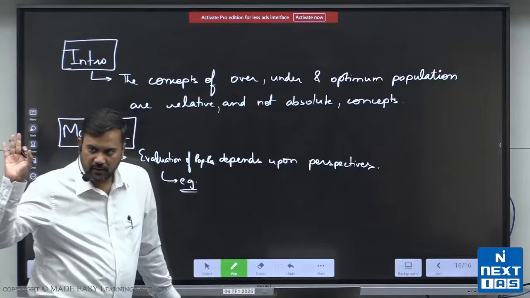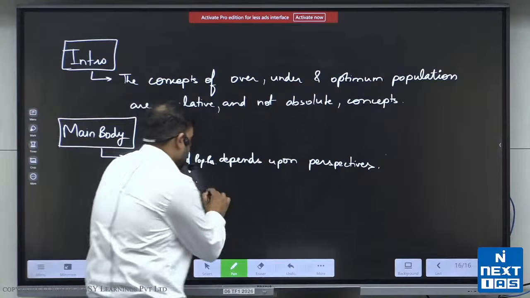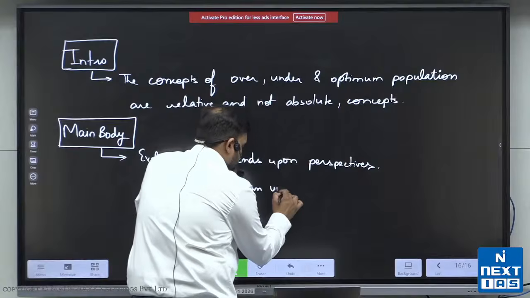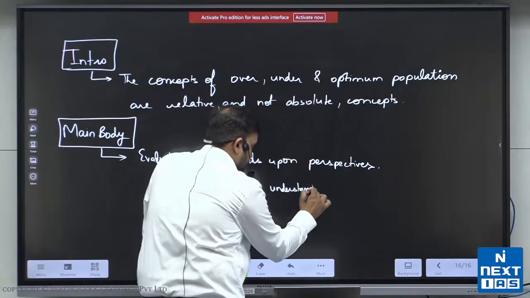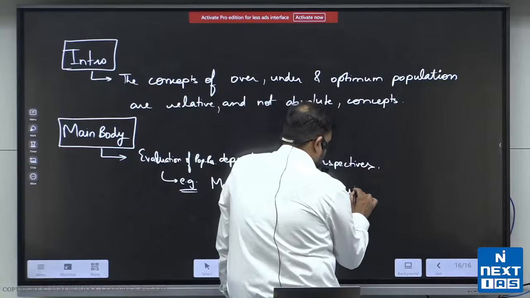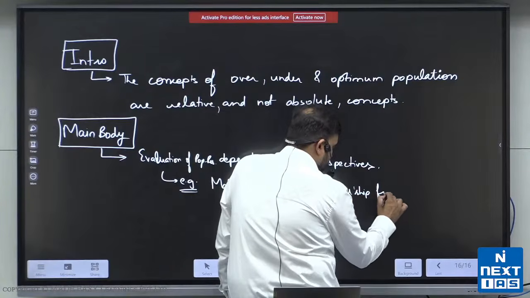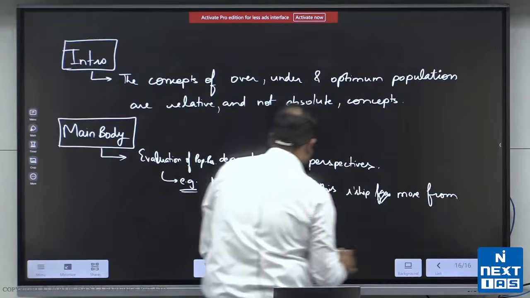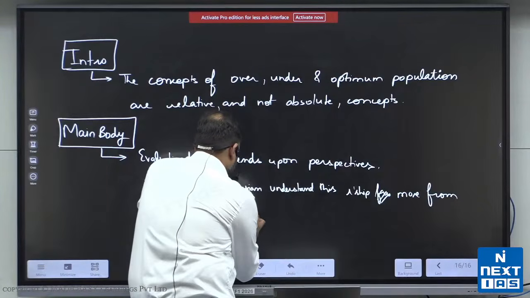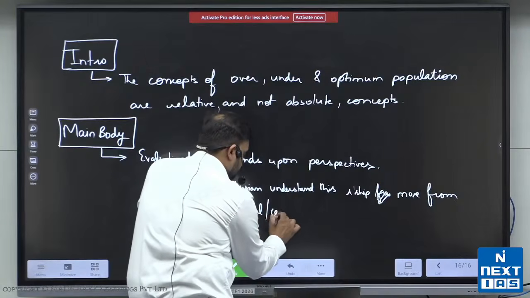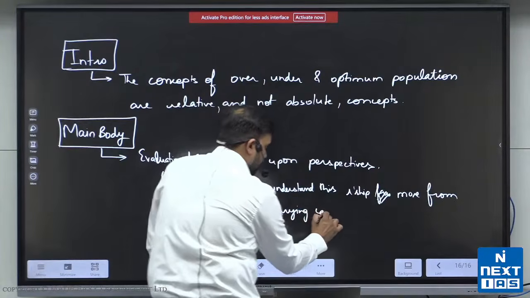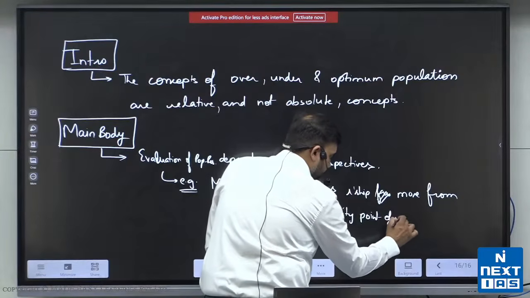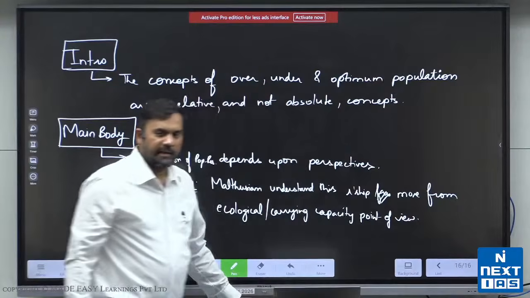Are you getting my point? Okay. So, for example, Malthusians understand this relationship more from the ecological, or what else do we call this? Carrying capacity point of view. Carrying capacity point of view.